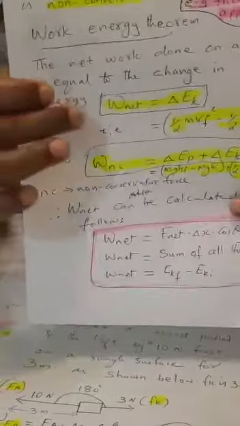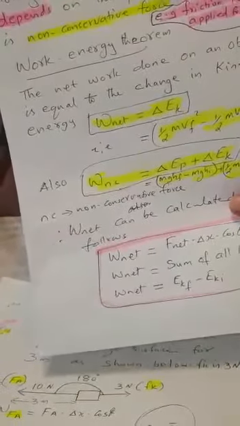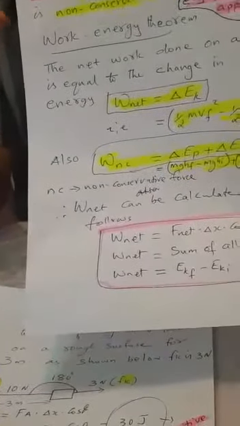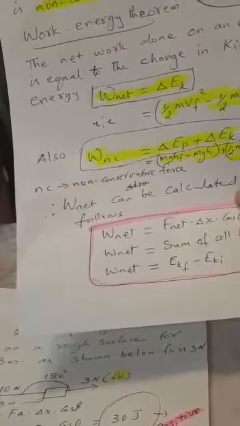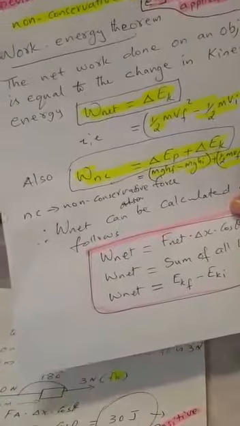So simply we say work net, W net, is equal to change in Ek, which is Ek final minus Ek initial, or half m v f squared minus half m v i squared. So this is how we can calculate the net work done on an object.